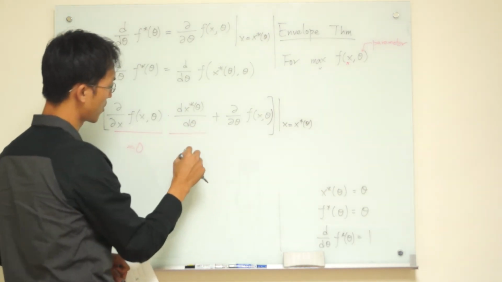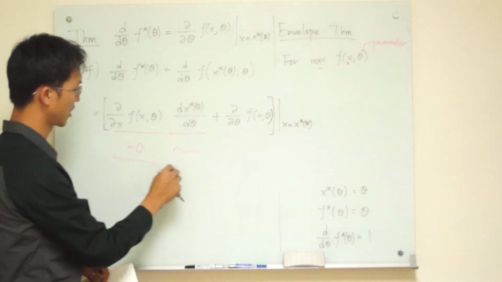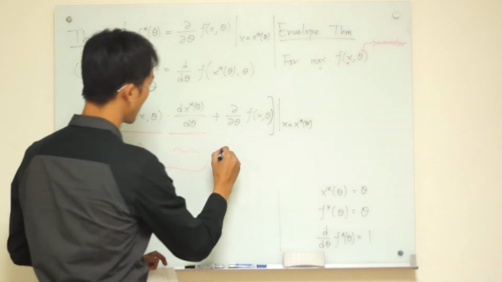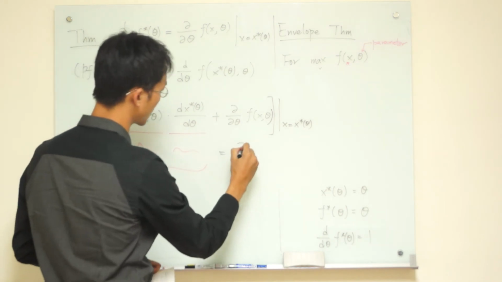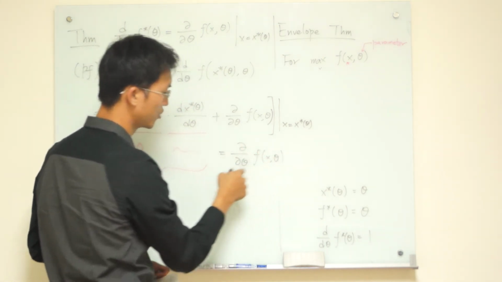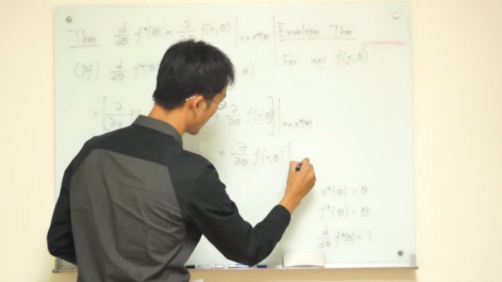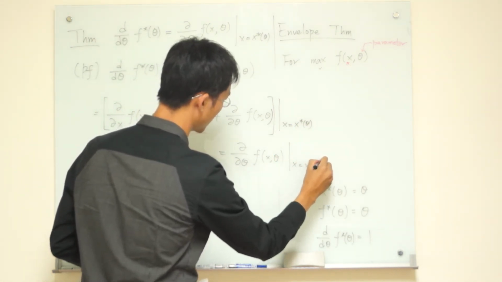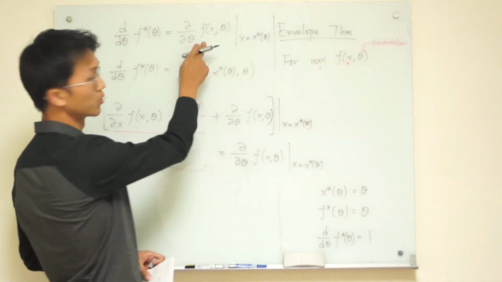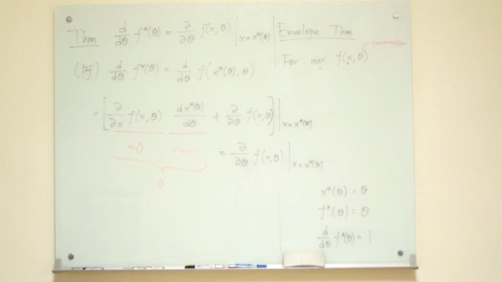Then this part I don't care, because they together will get me 0, right? So after I do this plug-in, I get only the last term. I do the differentiation first, and then plug in the optimal solution. Indeed, this is exactly what we want. Okay? So that's how I get this formula.